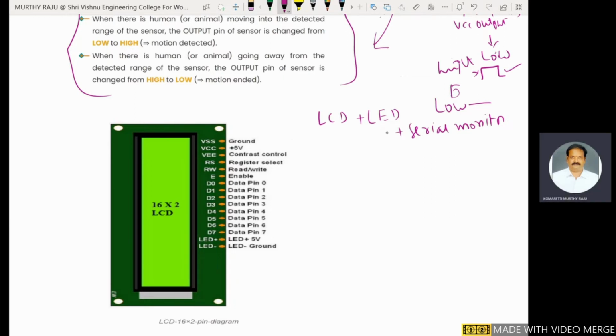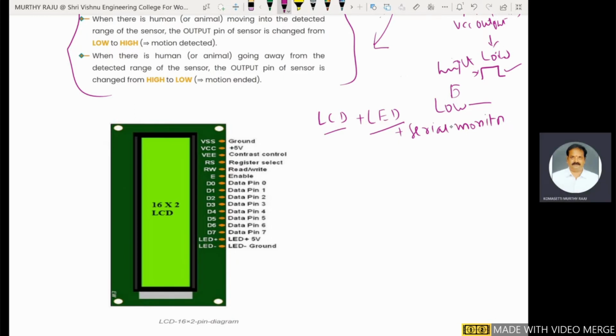Whenever the sensor pin value is high, you have to set some actions. That means the LED is on, and on the LCD screen it is indicated that the object is recognized.